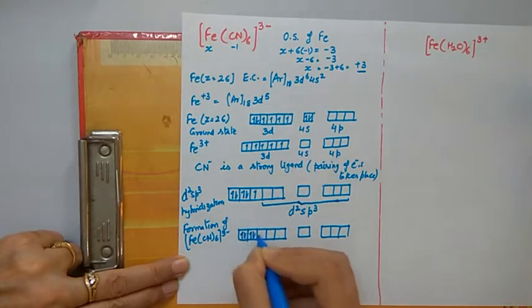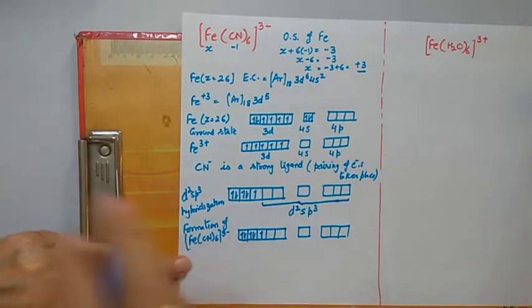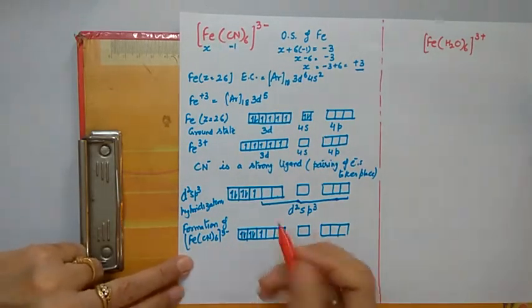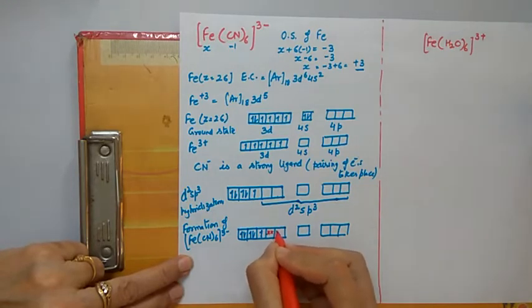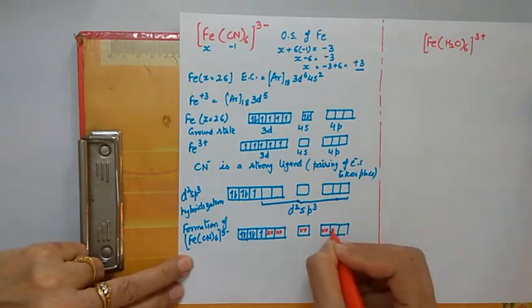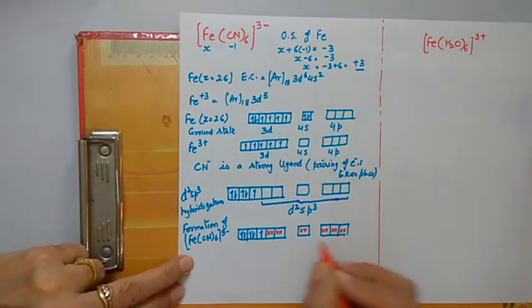These are the electrons of iron, and now the 6 cyanide ligands will donate 6 pairs of electrons: 1, 2, 3, 4, 5 and 6.